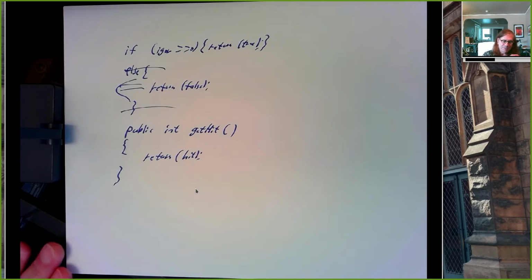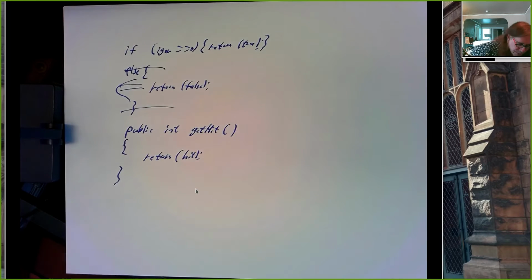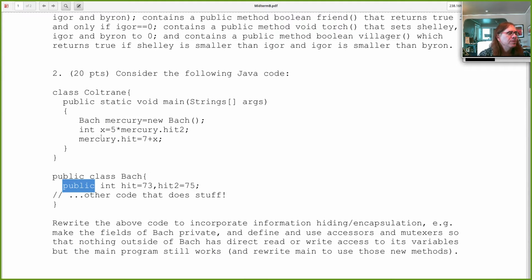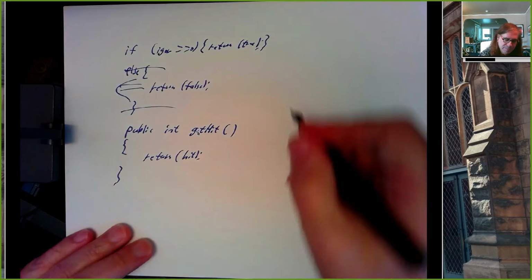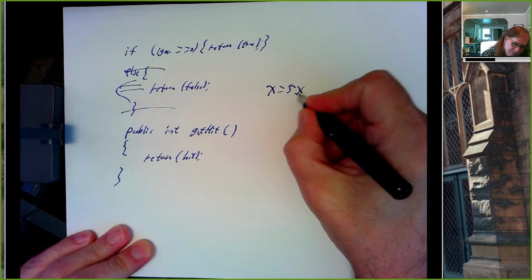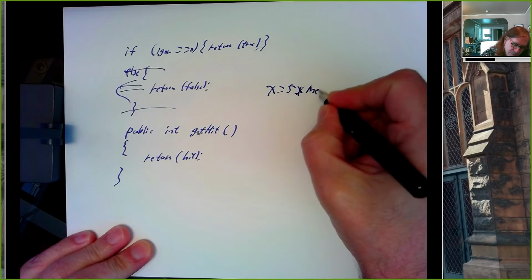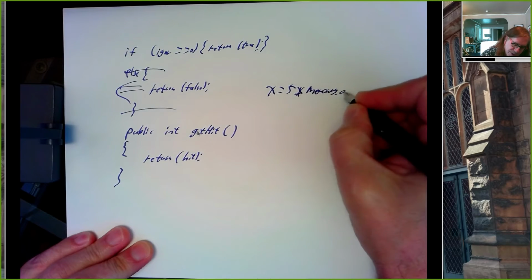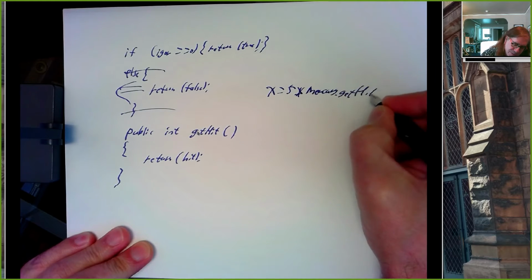It'll be get variable or set variable. So this lets us, instead of saying x equals 5 times mercury.hit2, do something like x equals 5 times mercury.getHit2.